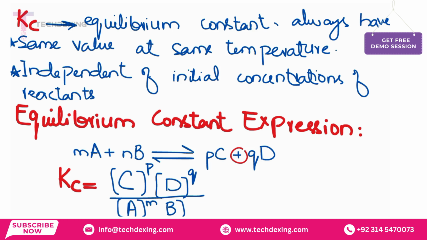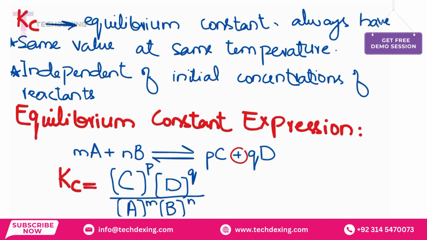And B, in the bracket, raised to the power n. So this is the way you can write down the equilibrium constant expression for any reaction. You should write down the concentrations of products in the numerator, and you should write down the concentrations of reactants in the denominator.